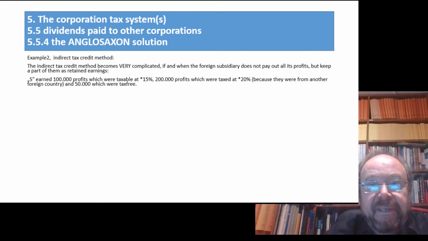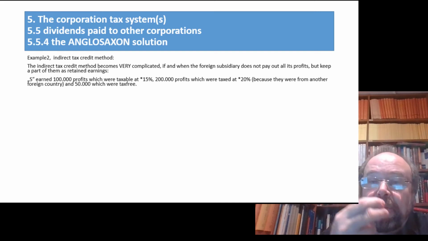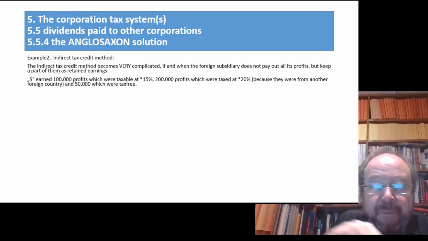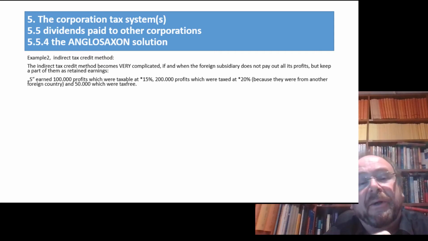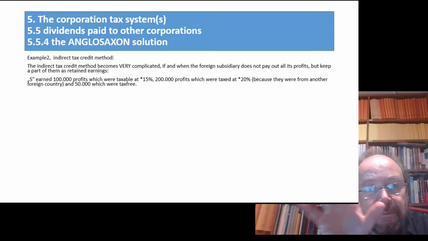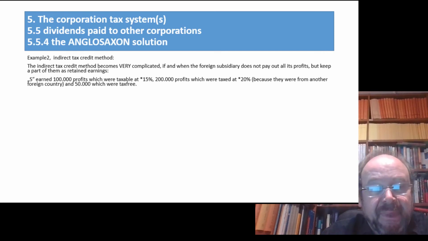S, for example, now earns 100,000 from its own country, taxable at 15%. 200,000 is earned by S in a very foreign country where they have to pay 20% on it, and 50,000 are completely tax-free under a certain privilege regime.